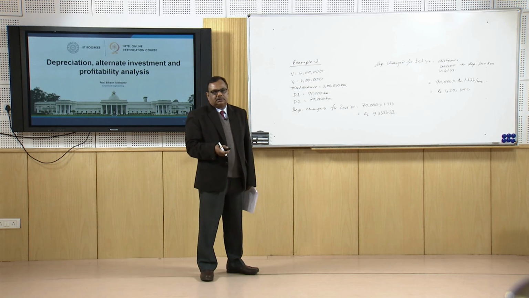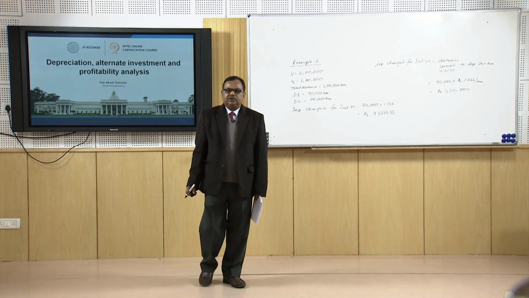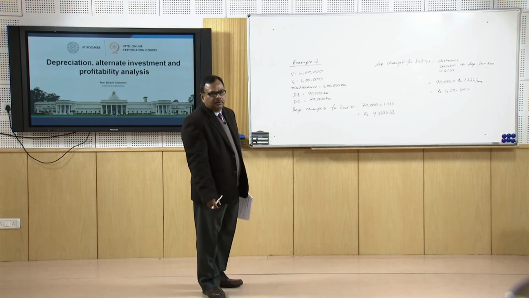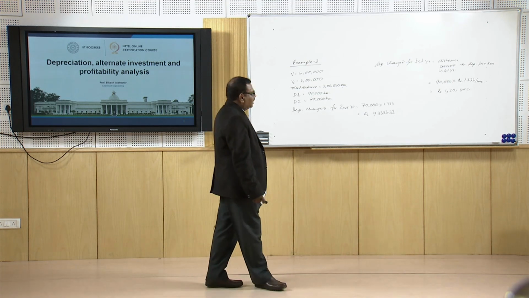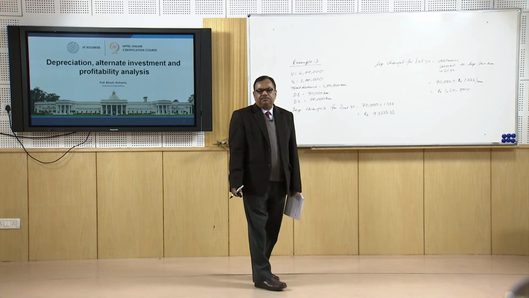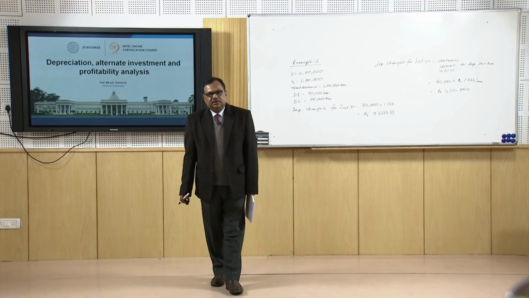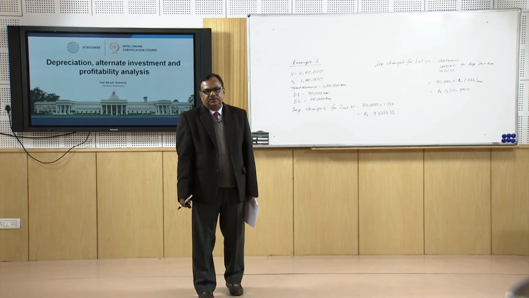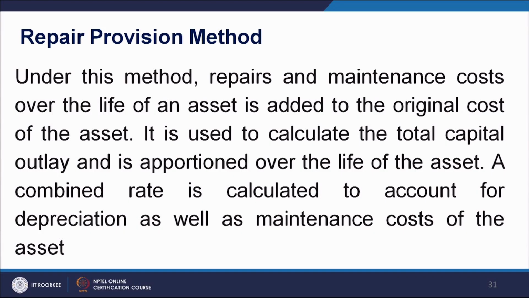Now, another method which is close to the straight line method is repair provision method. Under this method, repairs and maintenance costs over the life of an asset is added to the original cost of the asset.